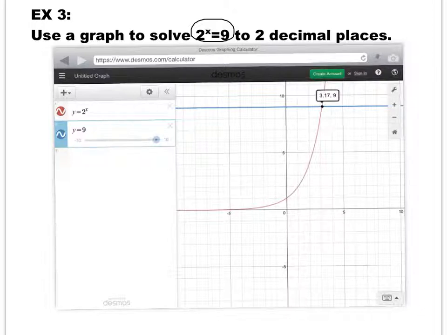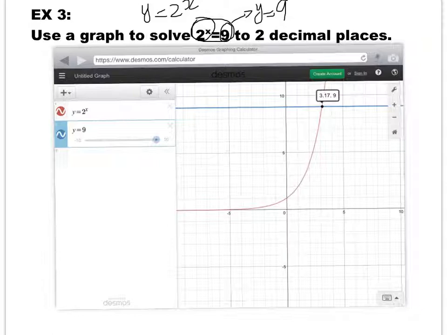Now, in this example, I'm using the site desmos.com, which I recommend if you need a graphing calculator for plotting. This is probably the best site available. What you do is plot two equations. One, you express the left one as y equal 2 exponent x, and the right one as y equal 9.